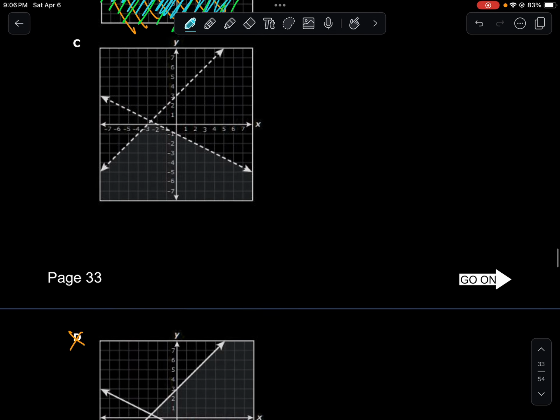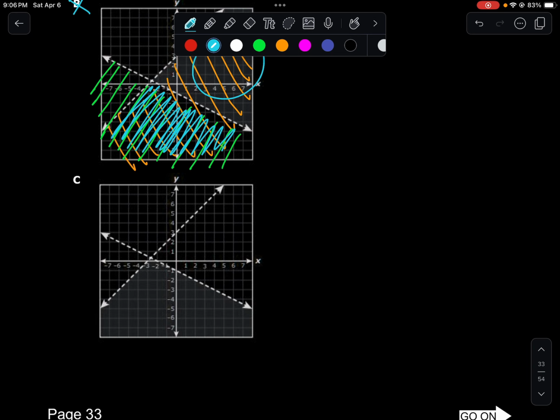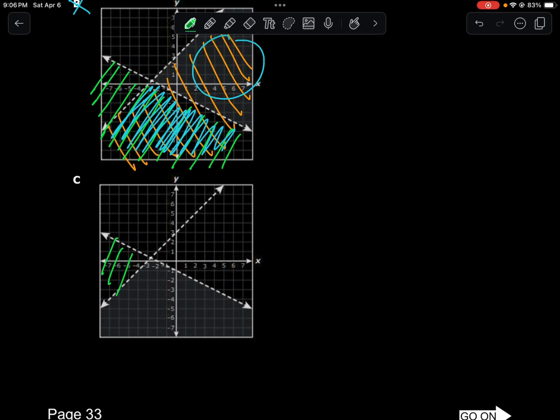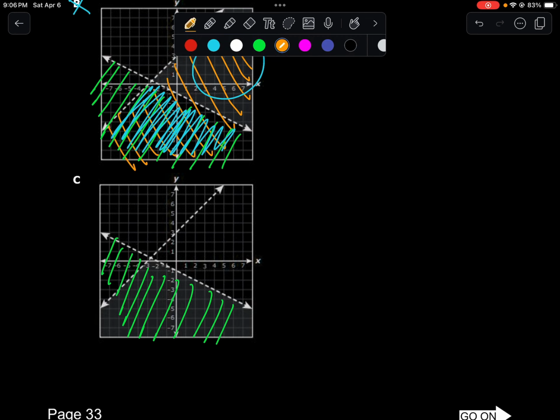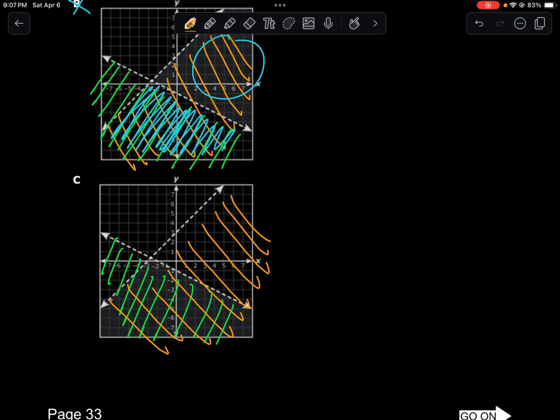That means it has to be this one. I can double check. Shade this one at the bottom, and then shade this one at the bottom, and we see that the overlap is the same as the given part, so this is the correct answer.